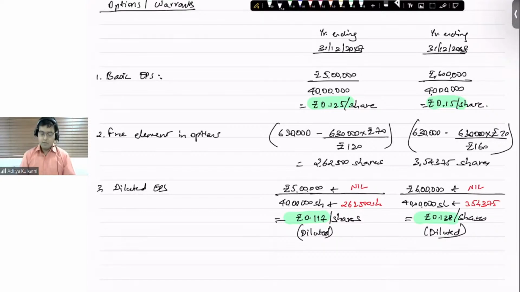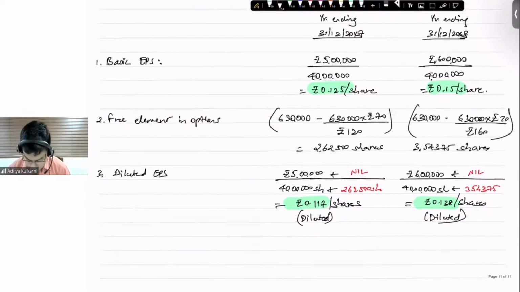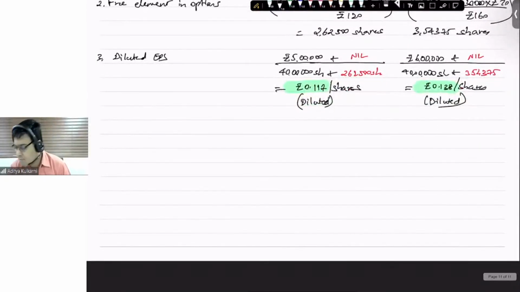Done. Shall we proceed further? Kaushiki, Srishti, is it clear? Shailendra, Saksham Lohia, Soham, clear?